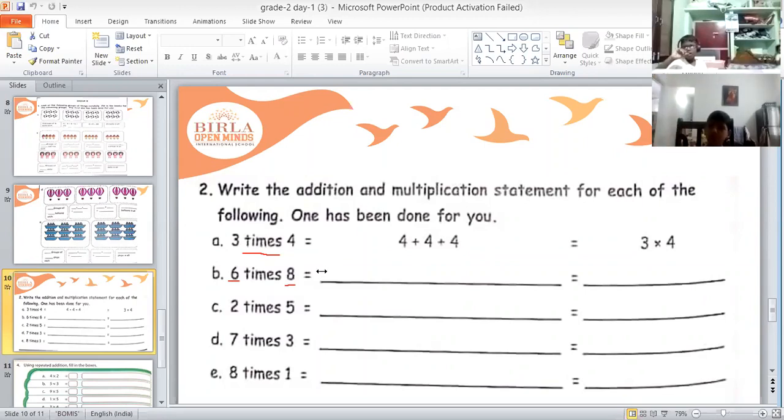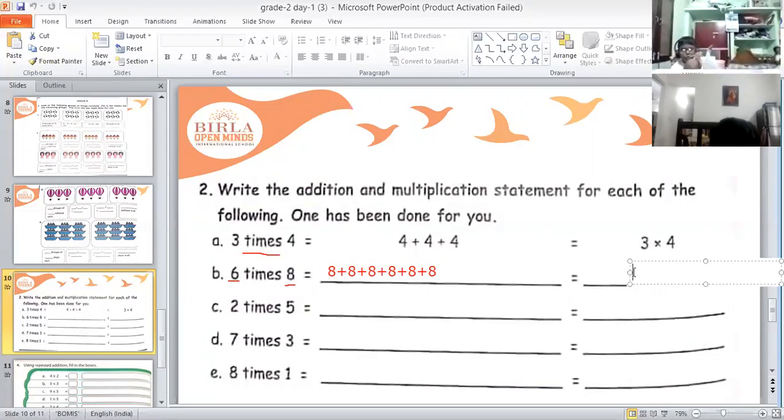So we'll write here 8 plus 8 plus 8 plus 8 plus 8 plus 8. We will write 8 6 times: 1, 2, 3, 4, 5, 6. Okay. Now next, what do we have to do?